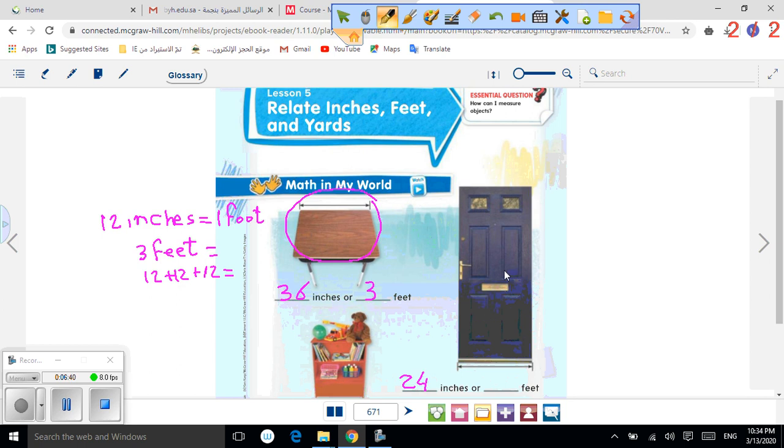Now, if the door length is 24 inches, so it will be how many feet?